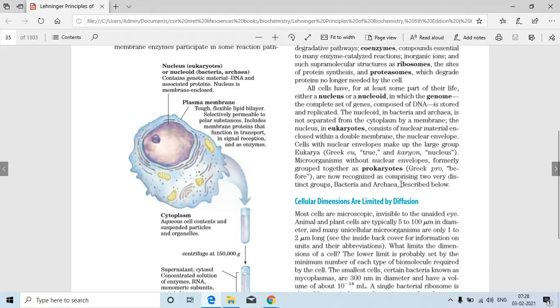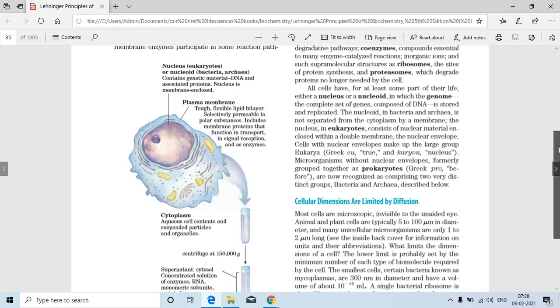Prokaryotes, in the beginning, were composed of only a single membrane, and later when they evolved into multicellular organisms, they evolved into eukaryotes, which have a nuclear envelope of two membranes. So prokaryotes are unicellular organisms and eukaryotes are multicellular organisms.